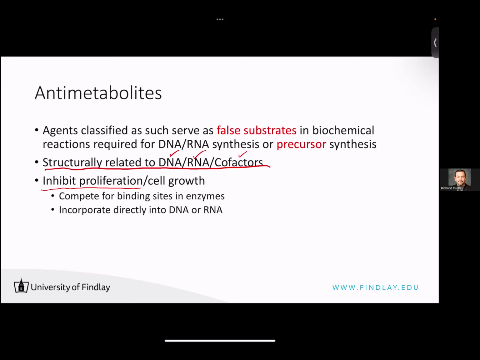Okay, these drugs that we'll make mention of in this class typically compete with binding sites and certain enzymes that are critical for forming those precursors, or we may find that these drugs actually get incorporated directly into the DNA or the RNA, or these drugs may compete with the enzymes that are responsible for synthesizing DNA or RNA.